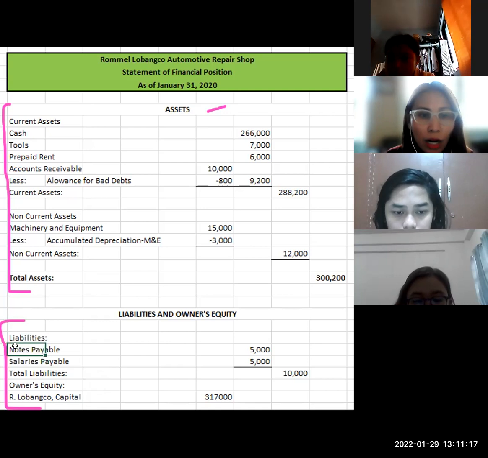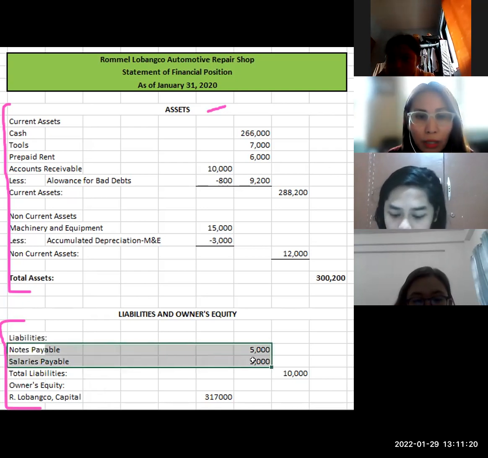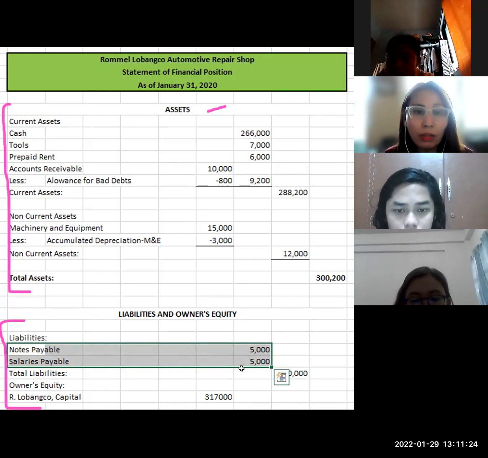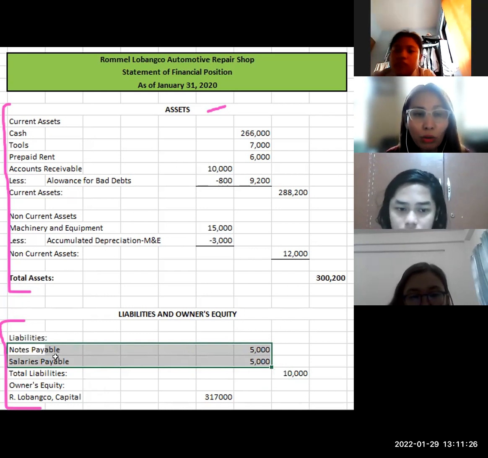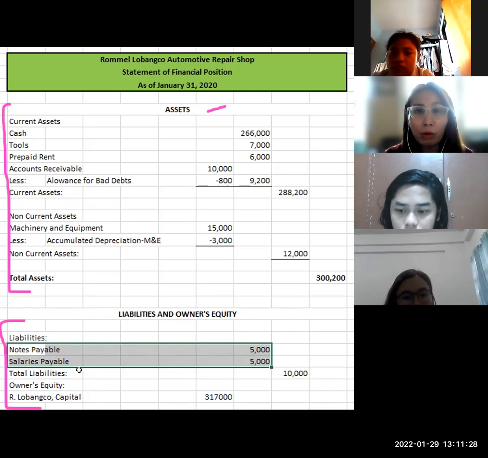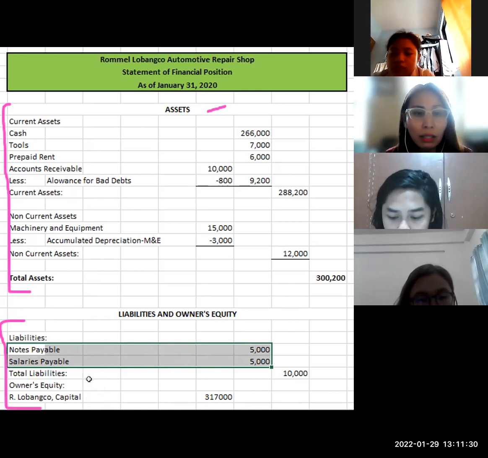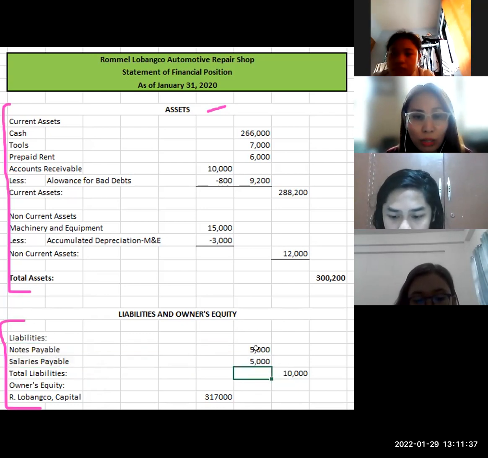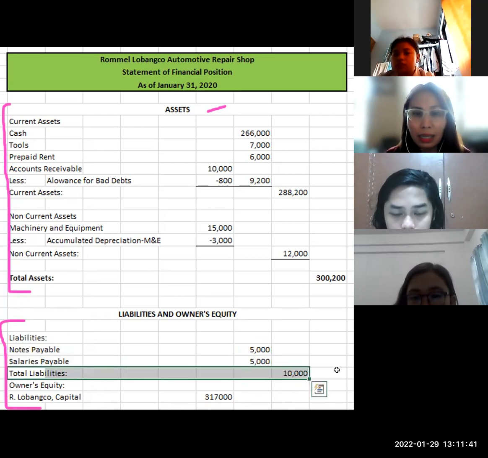Okay. These are obligations to other parties that must be completed or fulfilled. Okay, kailangan ma-complete. Payment to other parties. Lahat ng mga payables are obligations. Notes payable and salaries payable. Okay, add those two amounts para meron kang total liabilities.